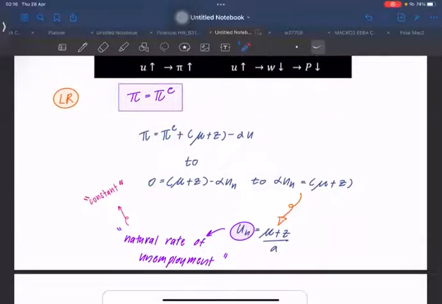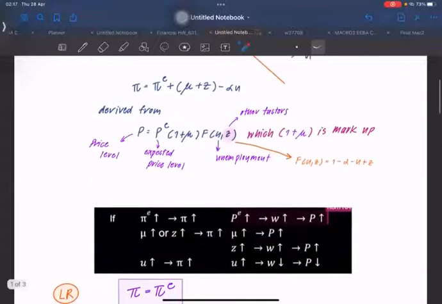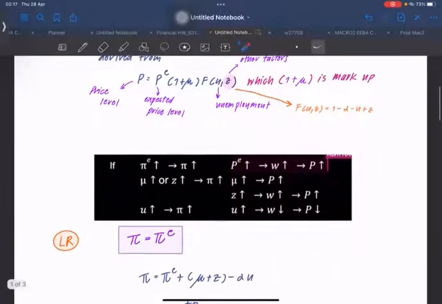So it would be 0 equals mu plus z minus alpha un, where un is the natural rate of unemployment. And this is the formula of un, which is equal to mu plus z divided by alpha. And the special thing in the long run is that unemployment would be constant, but in the short run it can change. So that is the difference between the short run and long run in the Phillips curve.